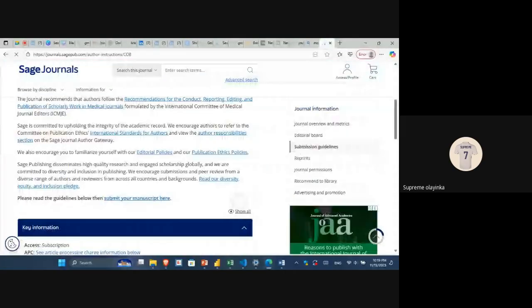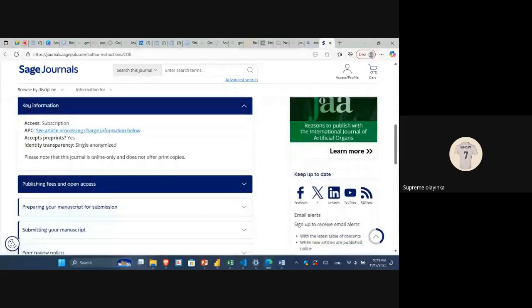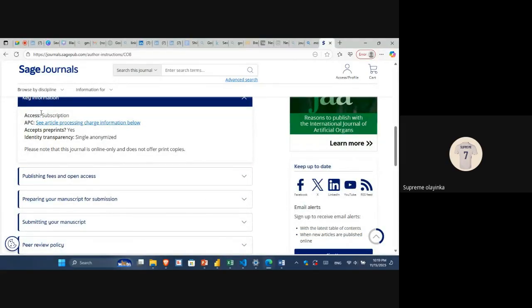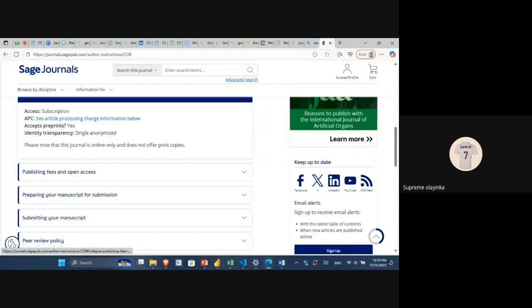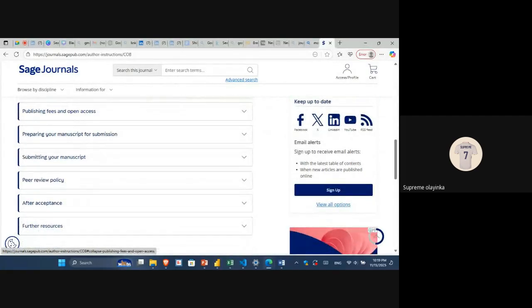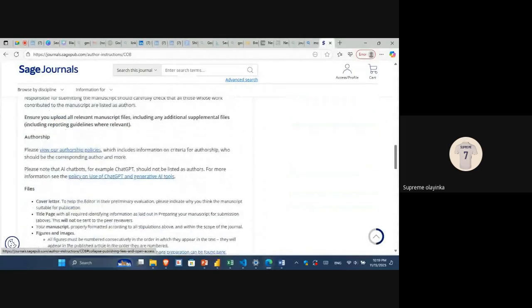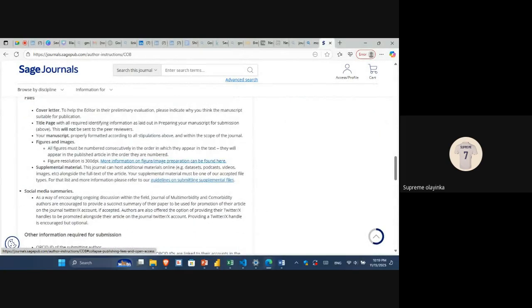So let's see. We can see something like access subscription. We still look at all these things. So let's click on submitting your manuscript. So let's look at the type of paper.